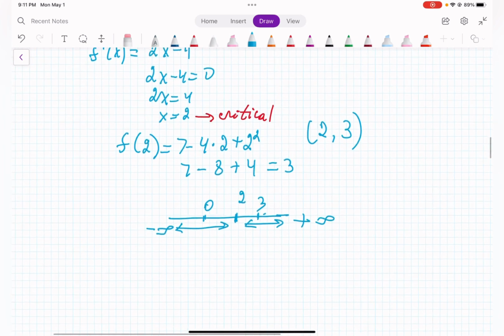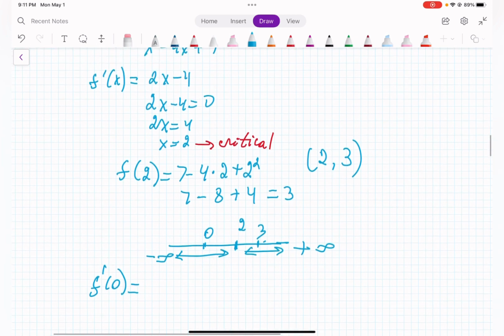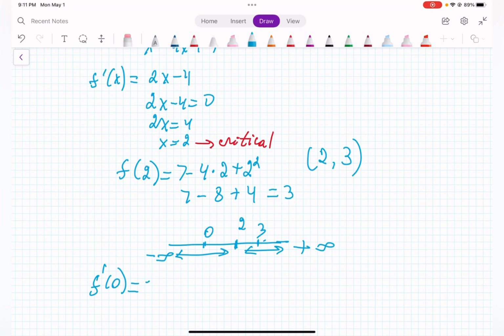Okay, so f prime of 0, where is my 2x minus 4? It's going to be 2 times 0 minus 4. And the answer is going to be negative 4. So that means it's negative. f prime of 0 is negative, decreasing.